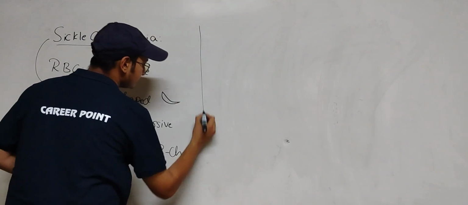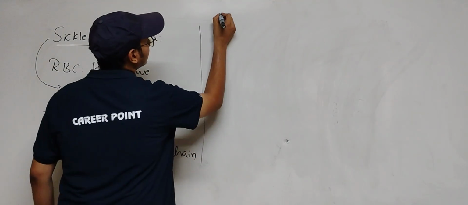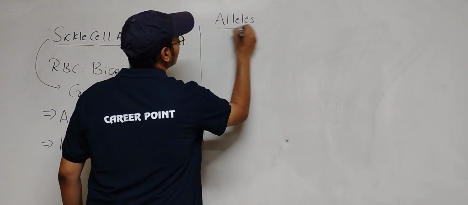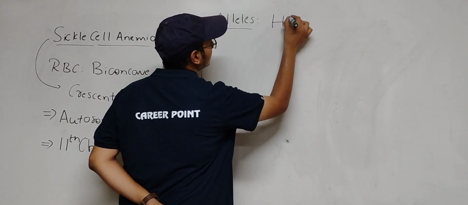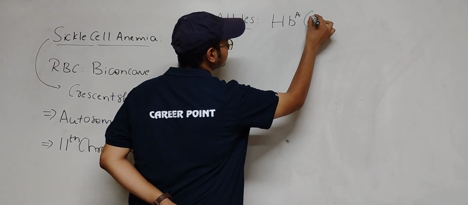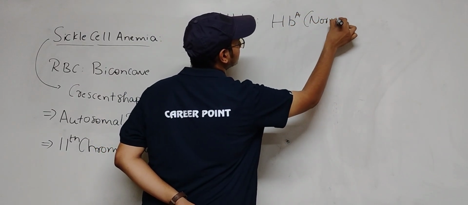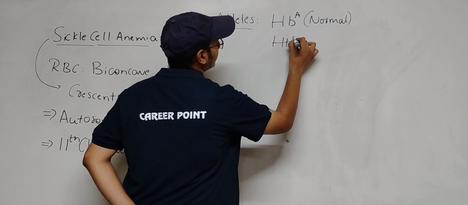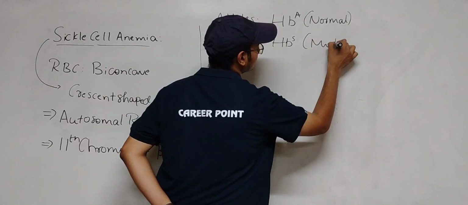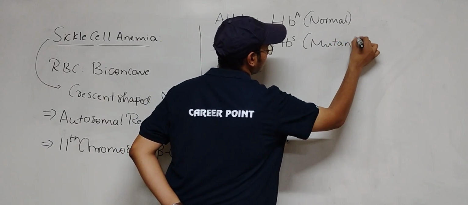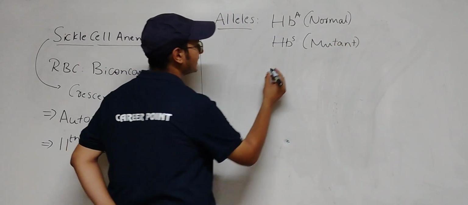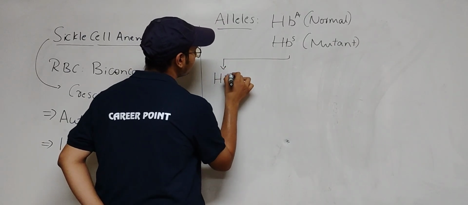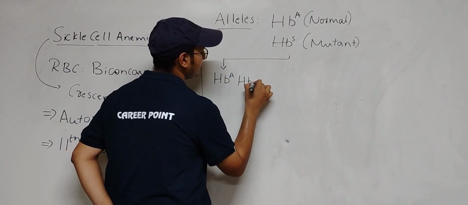Coming to the alleles present here, HBA is the normal one and HBS is the mutant one. Three possible combinations can be seen. First, HBA HBA.